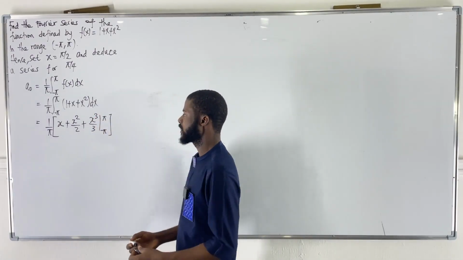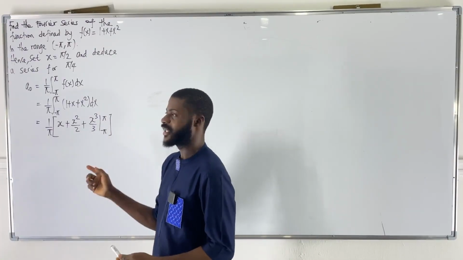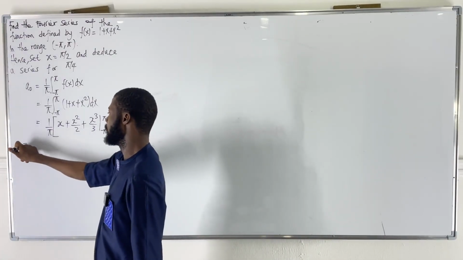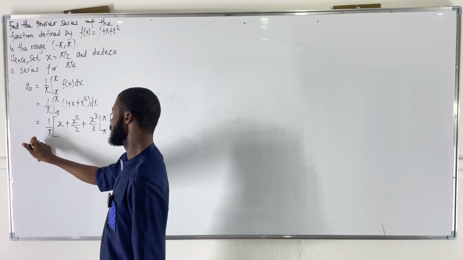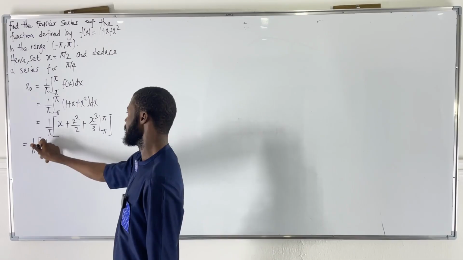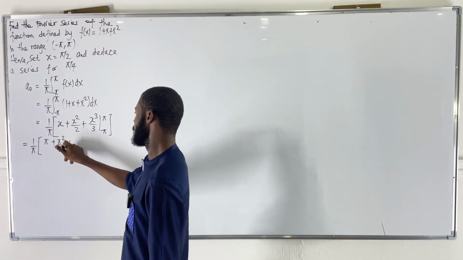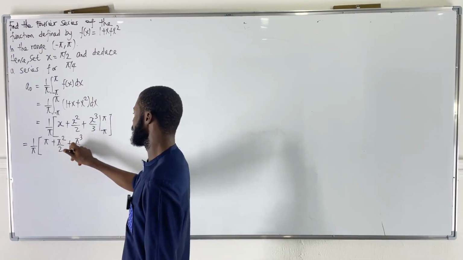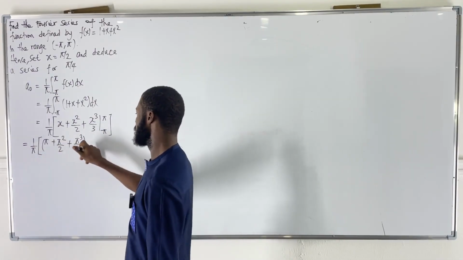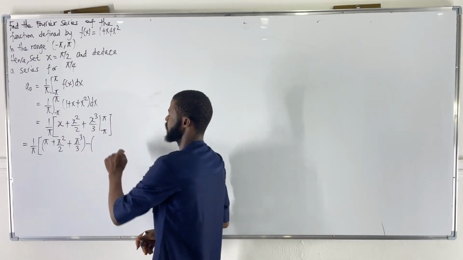Now at this point, anywhere you see x, you basically put in your limits. This will be a bulk equation. So this is 1 over pi. Now anywhere you see x, let us put pi. So this will be pi plus pi squared over 2 plus pi cubed over 3. So this is the first part. Then minus. The second part, anywhere you see x, you put minus pi.